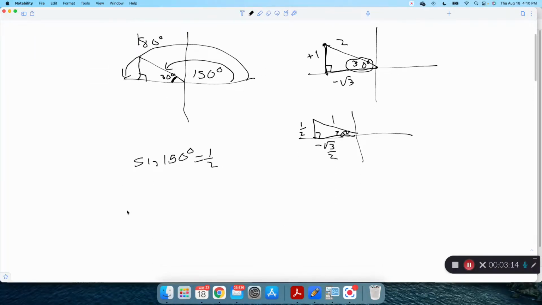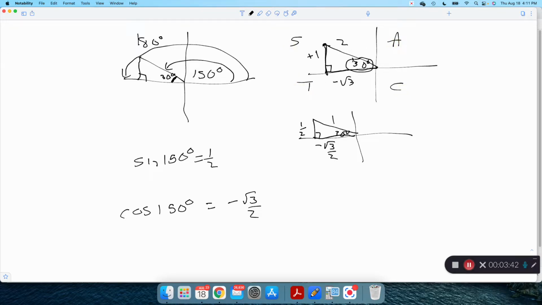What about cosine of 150? Well, I've already got my triangle here from this reference angle. Adjacent over hypotenuse. Negative root 3 over 2. I can also, by the way, and should keep in mind, all students take calculus.